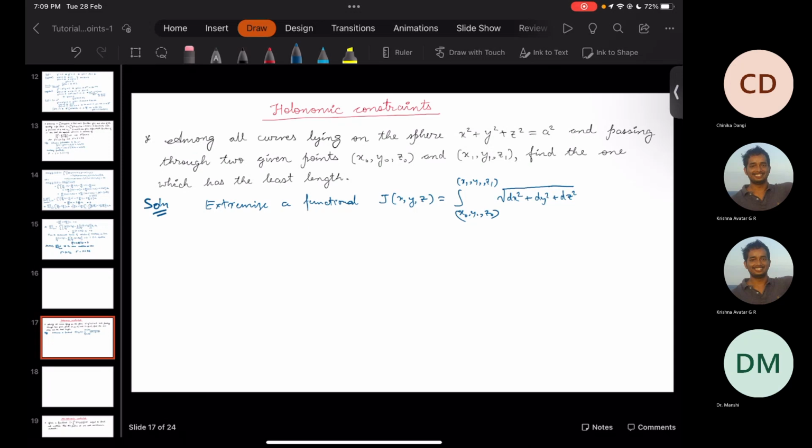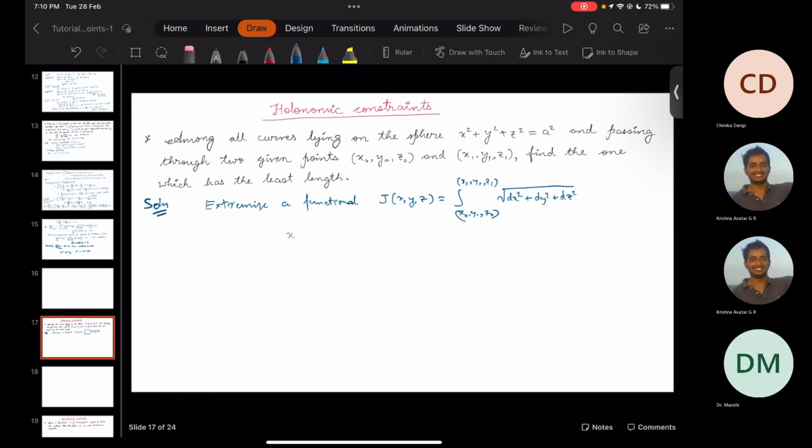But what we can do is parameterize our x, y, and z in terms of some parameter t, and that helps us to express this functional in terms of a single independent variable, which will help us in our computation, in the process of derivation.